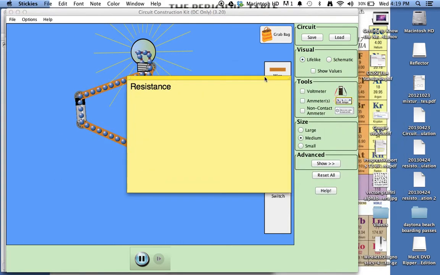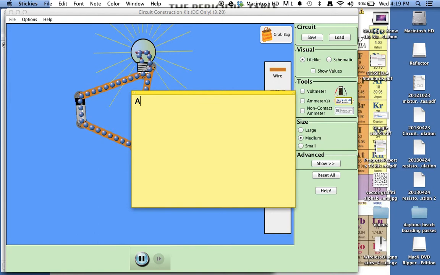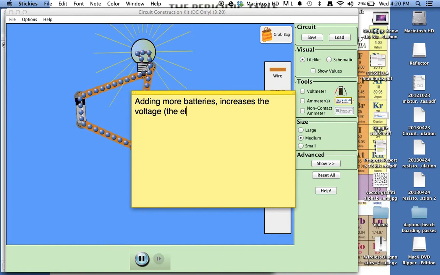Okay? In simple terms, what does all this mean? This means that adding more batteries increases the voltage, the electrical potential. So charges move faster, current increases.